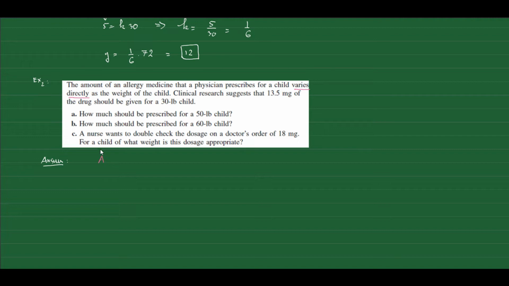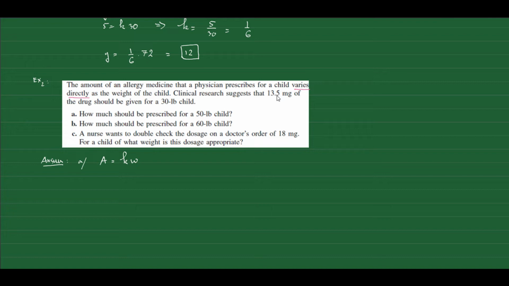So A, the equation we're using will be A equals kW, right? So that's the equation of variation. But we need to find k in order to get the equation of variation.